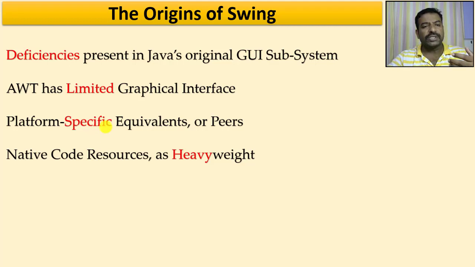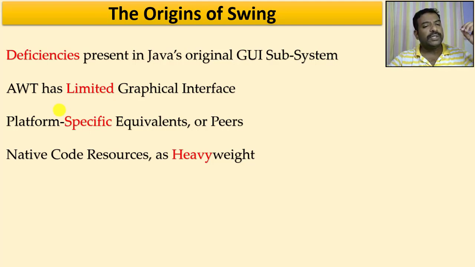Due to this, there was a limited graphical interface, because whatever I want to design, the window, the button, the menu, the text field, I was supposed to depend upon the platform. This made me, being in AWT, have limited graphical components.